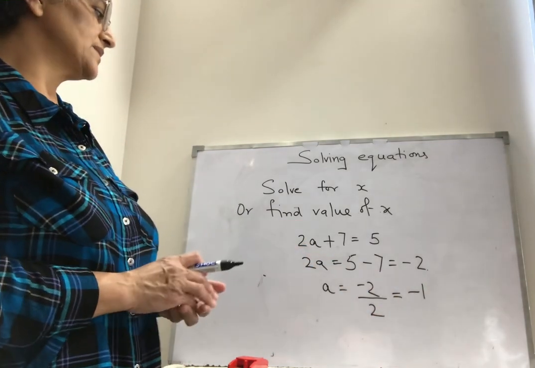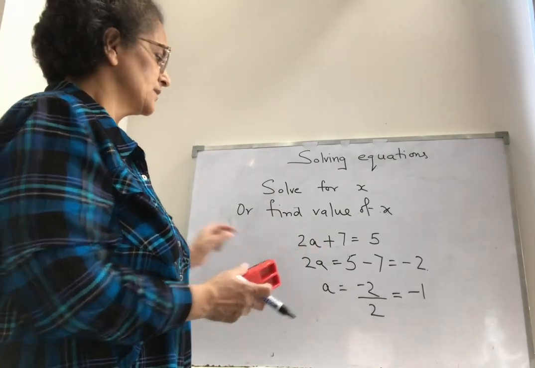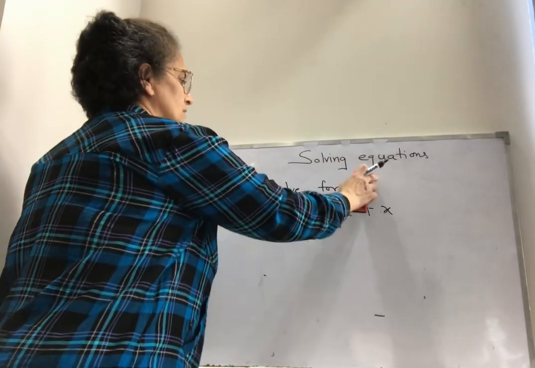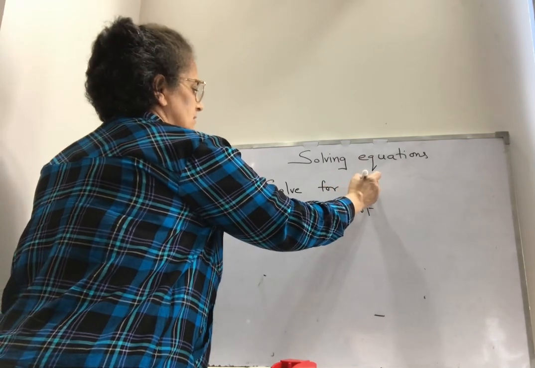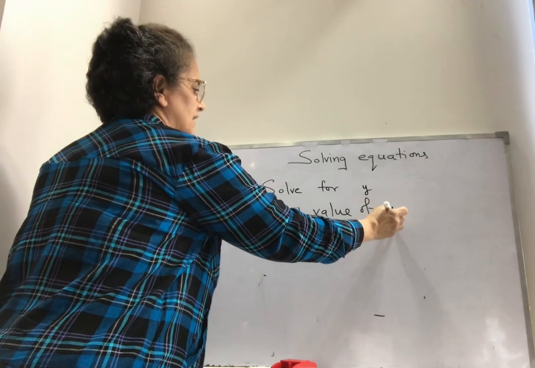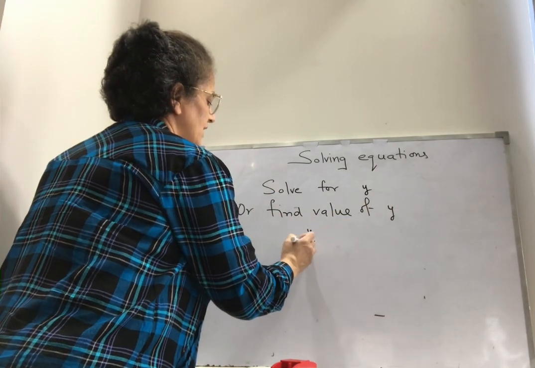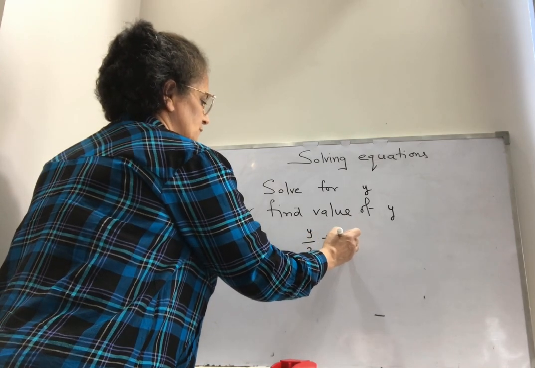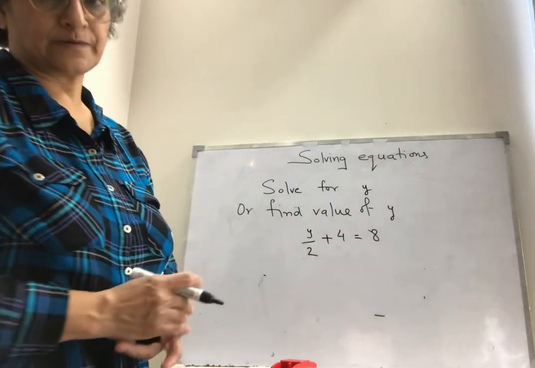Let's take another example with a division and a negative sign. I am taking y as the variable. Find the value of y. So if I take y upon 2 plus 4 and this is 8.